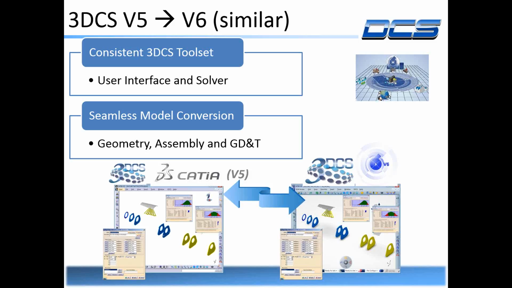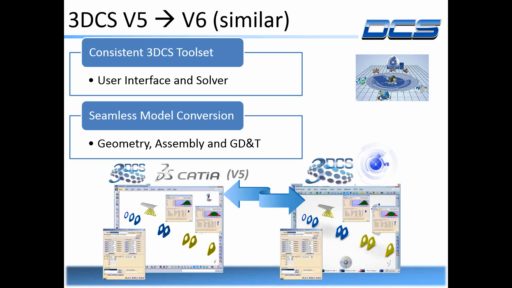Certainly the big part of the tool set is the tie into the Enovia V6 database versus file-based kind of structure in V5. But as far as the solver, it's identical.